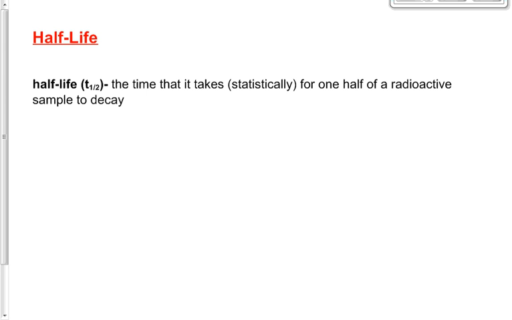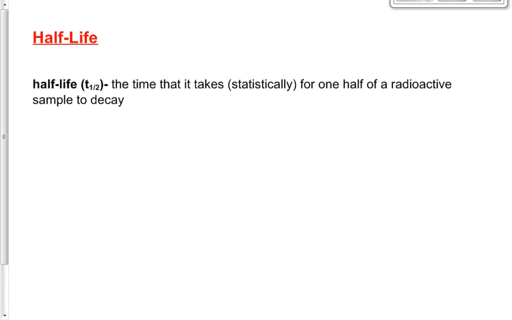Half-life is the time that it takes statistically for half of a sample to decay. So if you have a kilogram of radioactive uranium-235, then the half-life is the time that it will take, on average, statistically, to have only a half a kilogram of uranium-235 left. Now that time may vary a little bit because statistics don't always hold true.